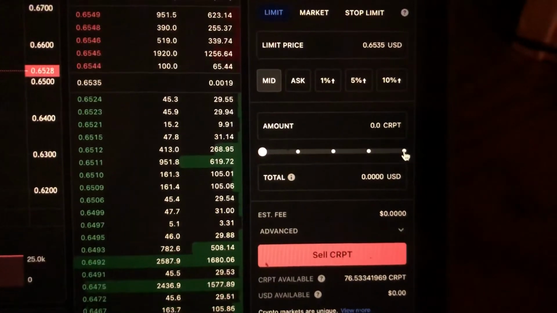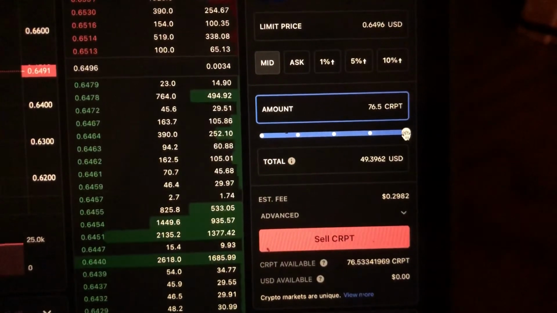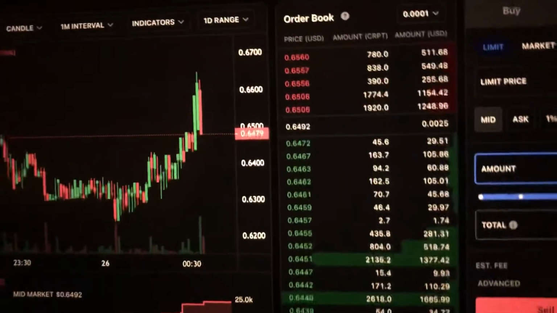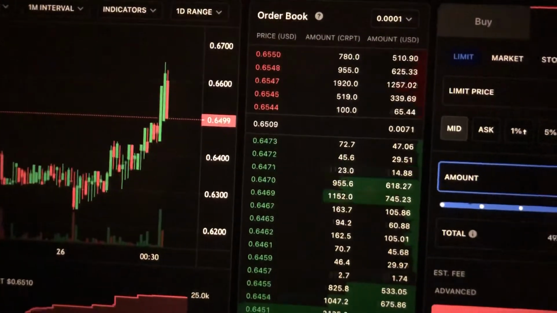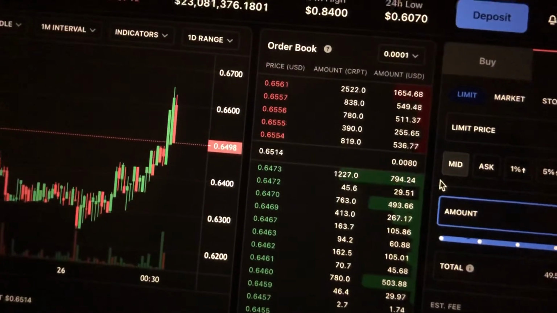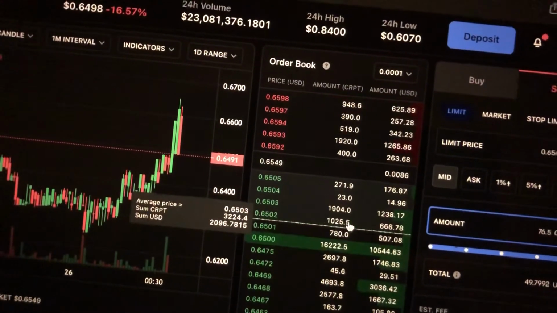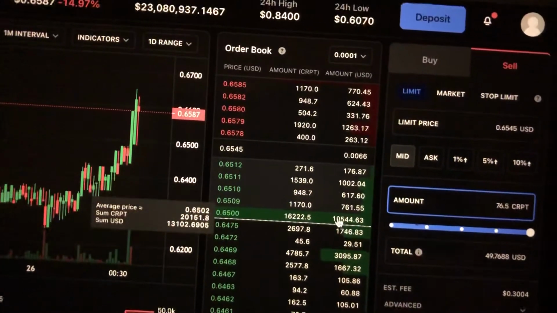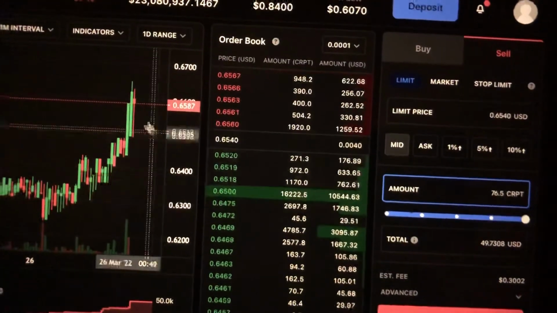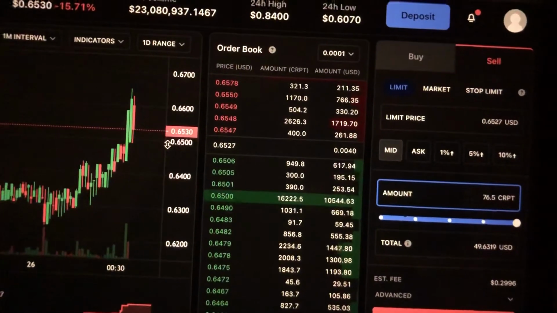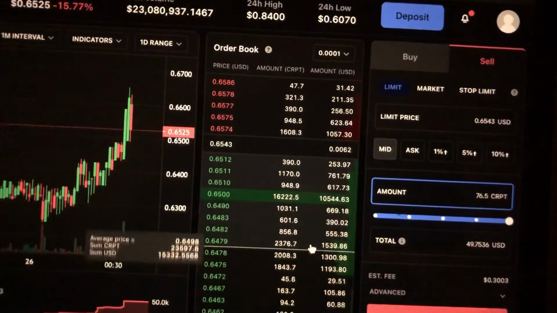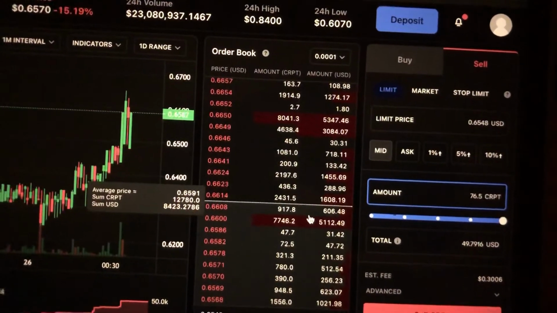So let's see if I sold right now. If I'm up, nope, down a dollar. Let's see. That $8,000 seller must have went through. Oh, nope. See that? 10,000. We got a $10,000 buyer at 65. Once it hits 65, that $10,000 is going to go through. Let's see if we got 10,000 up here.